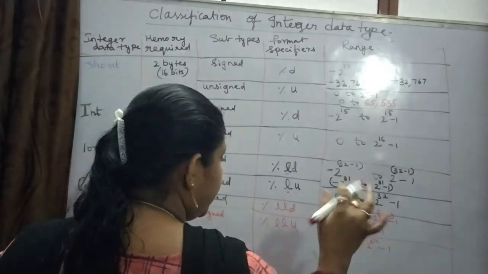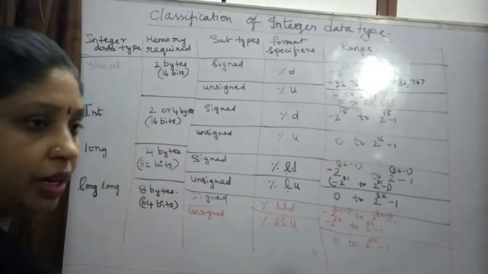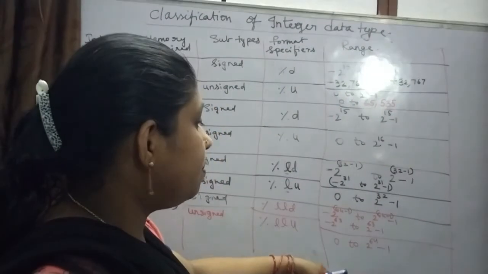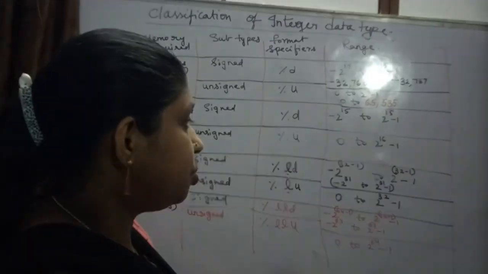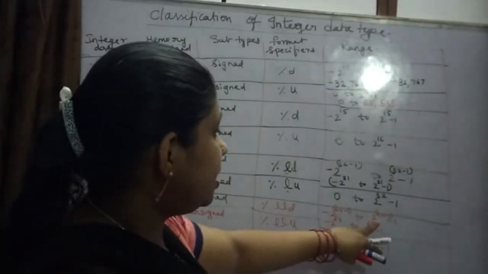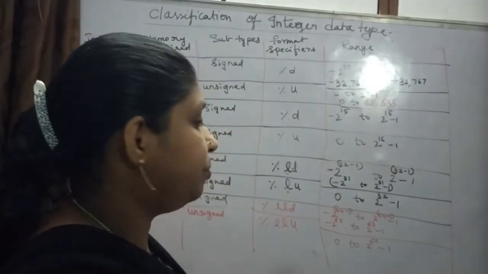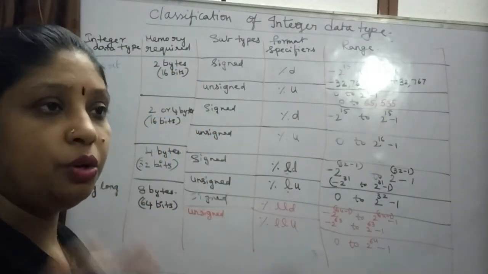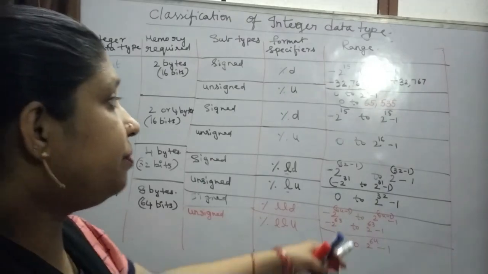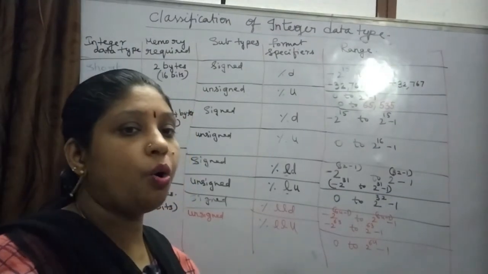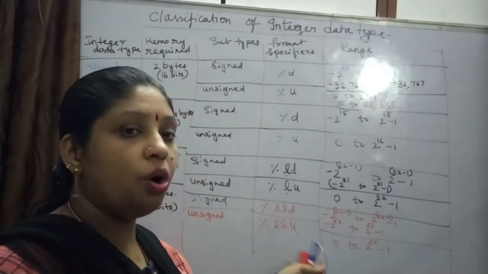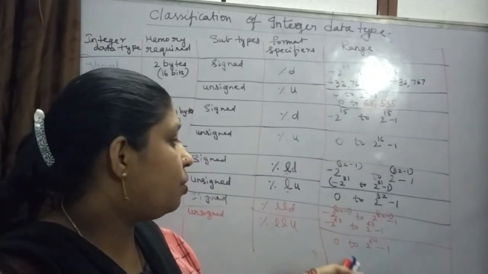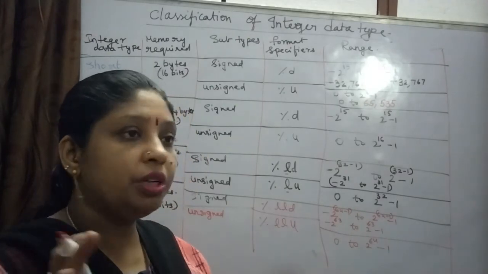Just calculate it and check which value will come. Your values should not go above these values. If it goes above these values, that means when you are assigning a value to a particular variable, you have to have an idea of the range for long and all these things. You should know the range, then only it will be easy for you to give the values.